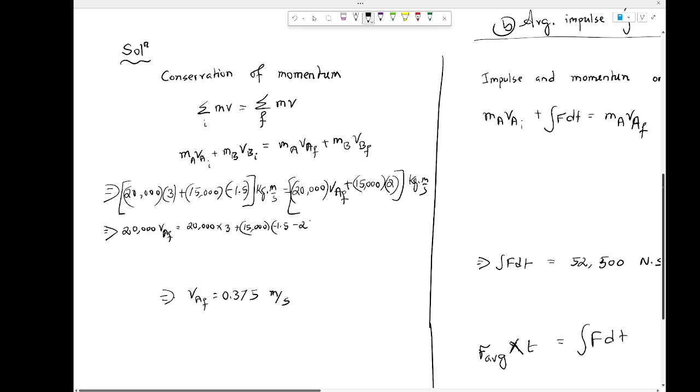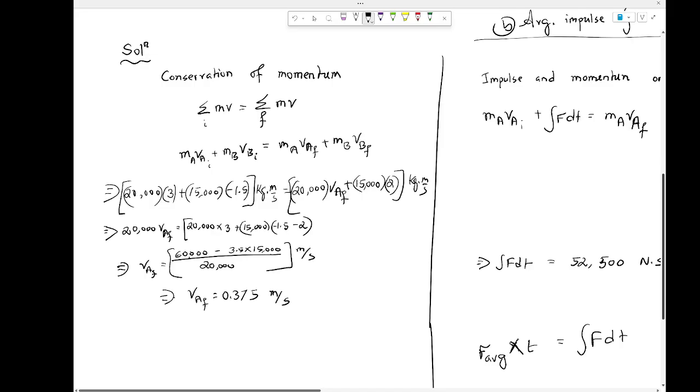So negative 1.5, negative 2, right? You can do the math, but this is the way I prefer. So this vAf should be equal to 20,000 times 3, that is 60,000, minus 3.5 multiplied by 15,000, and the whole thing is in meters per second.